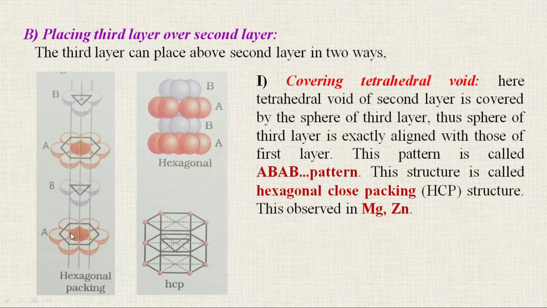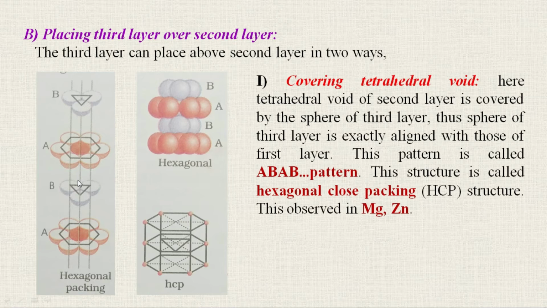So in this particular image, you can see what a tetrahedral void is. A tetrahedral void is when a trigonal void of one layer is covered by a sphere of another. So here, when I keep the trigonal void of the second layer over the sphere of the first layer, I get a tetrahedral void.